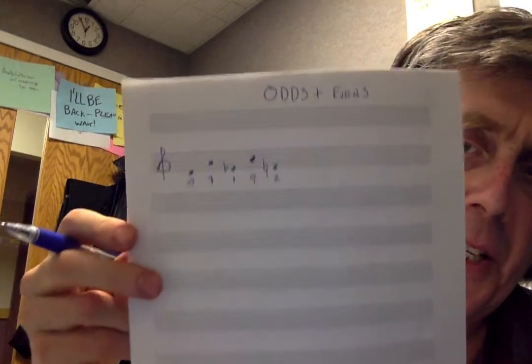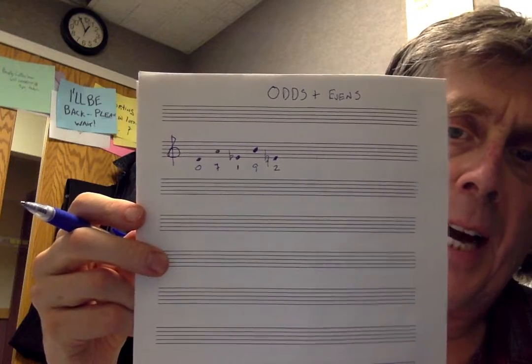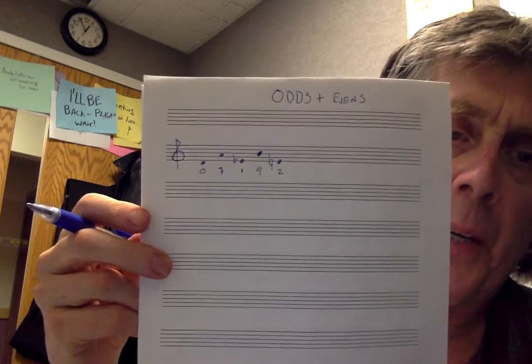Okay, and you notice that you've got both odd and even numbers there. You've got 9, 1, 7, and 2. So there are 3 odd numbers, and there's 1 even number. And what you do is you add the evens to the odds. So, for example, you've got a 7 as an odd number, you have a 1 as an odd number, and you have 9 as an odd number.